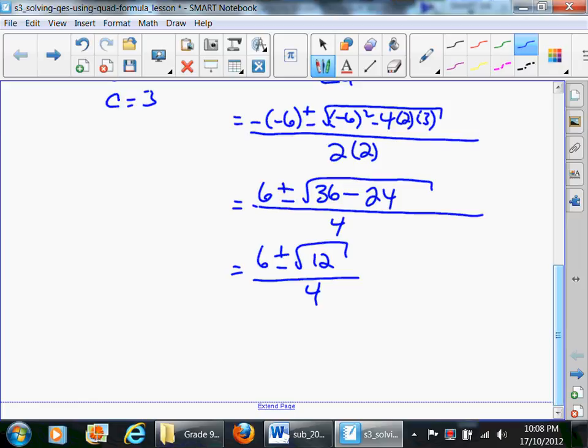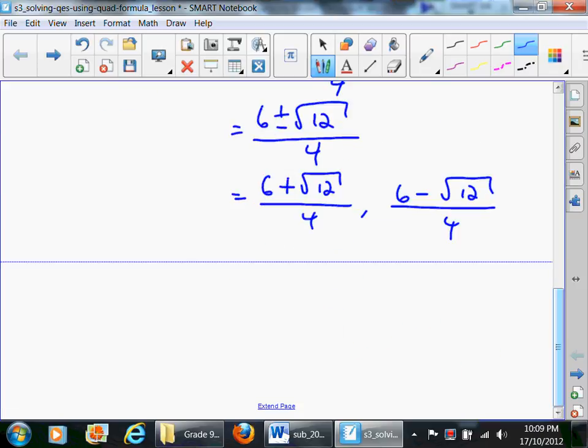Now, what do we get for answers? Well, what this means is we have 6 plus the root of 12 over 4 and 6 minus the root of 12 over 4. So, let's figure out what the first is. Now, you can use your graphing calculator to do this if you wish. You could do this all in one line.